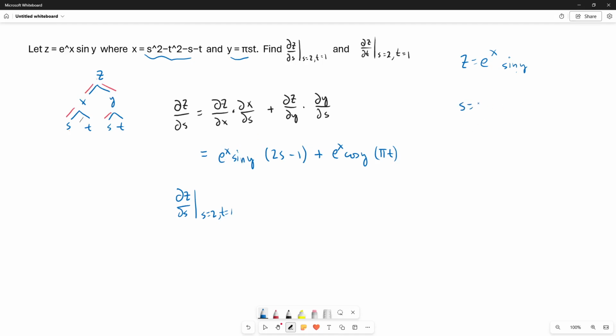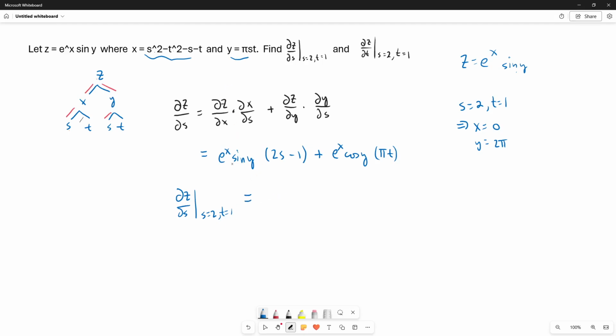So if s equals 2 and t equals 1, then x will equal 4 minus 1 minus 2 minus 1, which is 0. And y will equal 2 pi. So let's double check that. If s is 2, then this is 4, and that's 2, so that gives us a 2. And if t is 1, then this is minus 1 and minus another 1. So 2 minus 1 is 0.